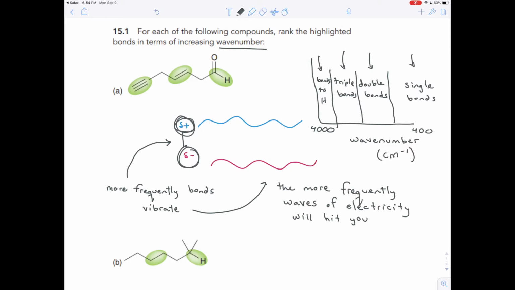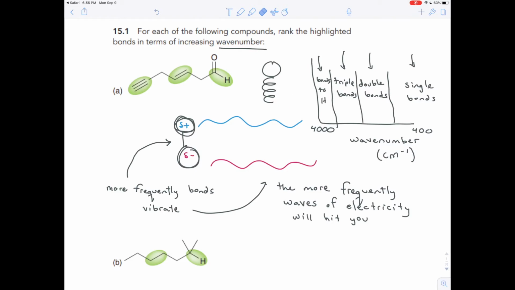Now, hydrogen is the lightest atom on the periodic table. And if you have a spring with a really, really heavy weight, if you pull on this, it's going to be hard for this spring to pull the weight back up. And so the spring will bounce in and out more slowly.